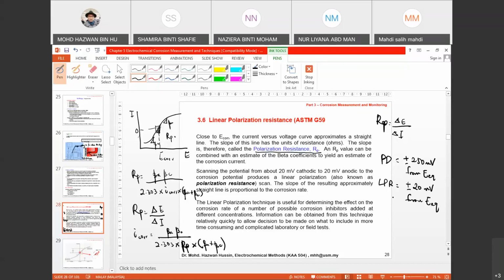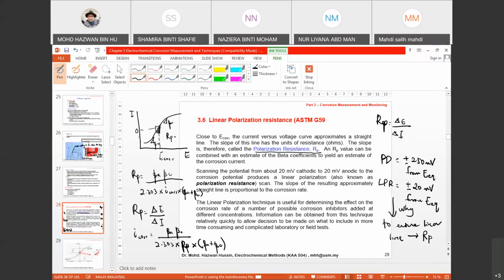Because this ensures a linear line, since at the end you want to calculate the Rp value. So you need a linear line at a very small range. If you scan at higher potential values, you are not going to get a very nice linear line. Maybe it's already bigger, then you cannot calculate the best slope, right?